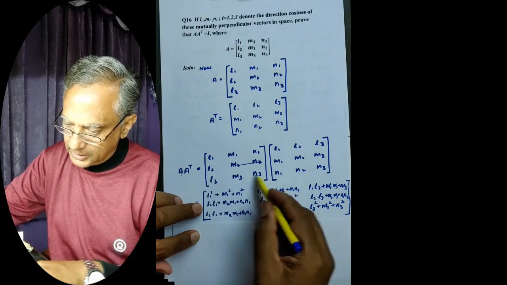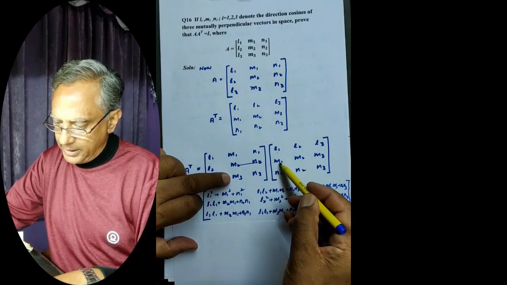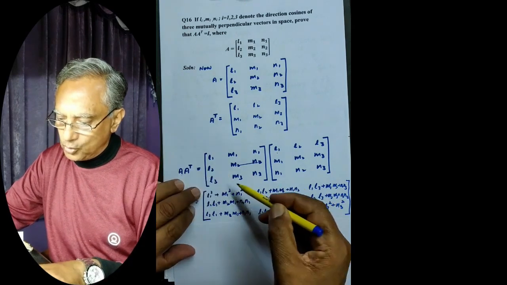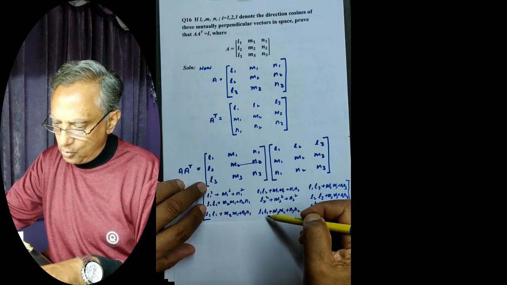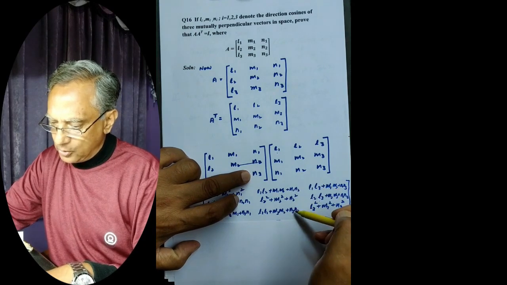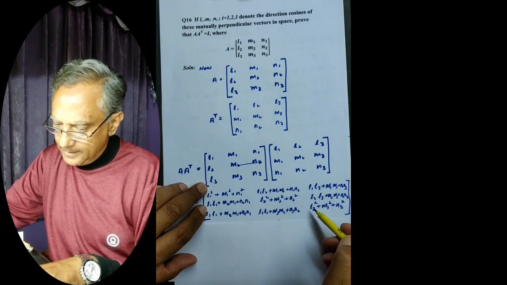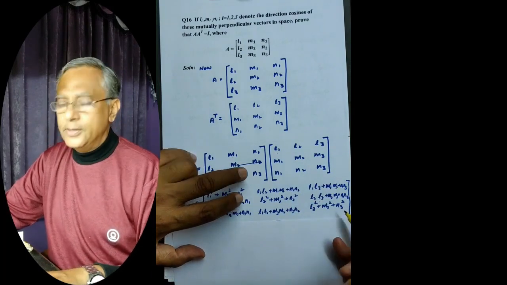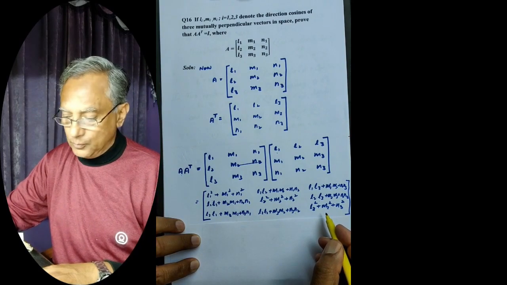And similarly this with this: L3 L1 plus M3 M1 plus N3 N1. This with this: L3 L2 plus M3 M2 plus N3 N2. This with this: L3 square plus M3 square plus N3 square. So we get this matrix.